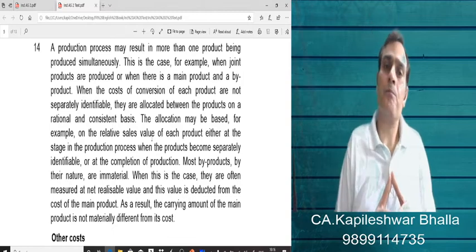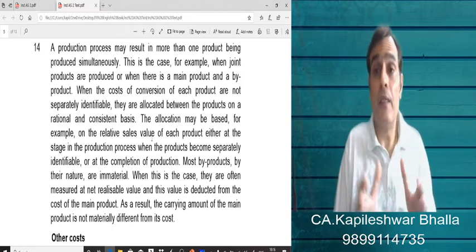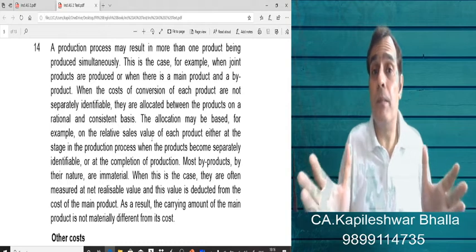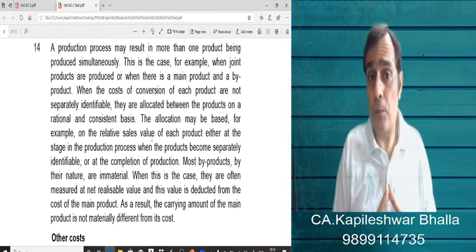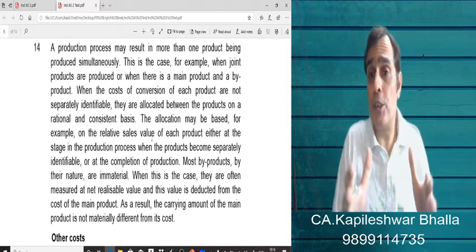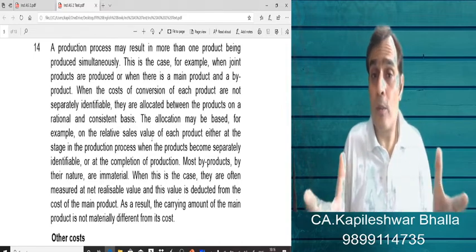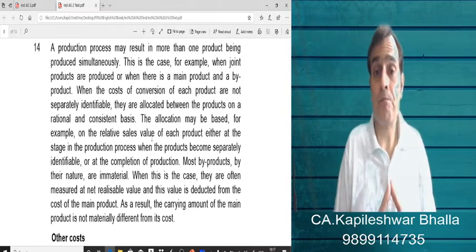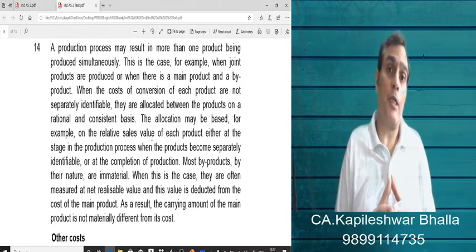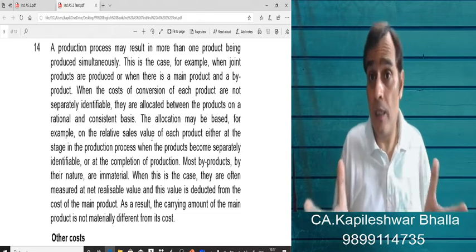As you can see, para number 14 further says the allocation may be based, for example, on relative sales value of each product either at the stage in production when the products become separately identifiable, like the splitoff point, or at the completion of production, like taking the sales value after further processing.